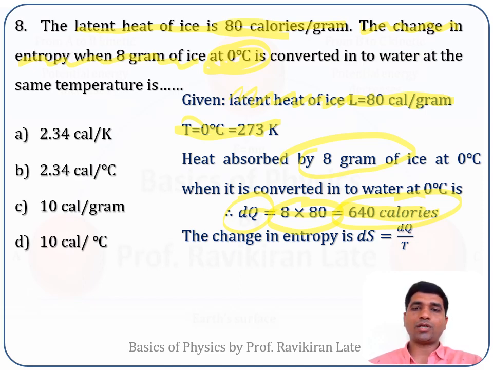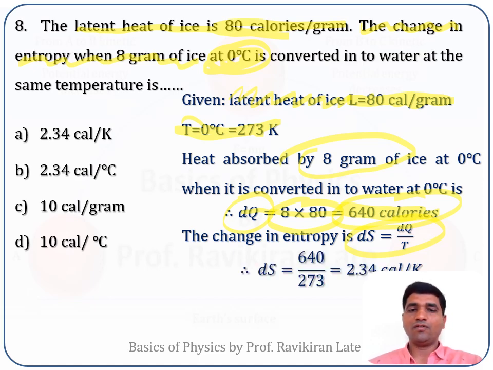Now as we need to calculate the change in entropy, we know from the second law of thermodynamics that the entropy of the system is given by dS is equal to dQ by T. From this I can substitute dQ is equal to 640, and the temperature of the system is given, which is 273 Kelvin. If I do this simple division, I'll come up with the answer 2.34 calories per Kelvin.